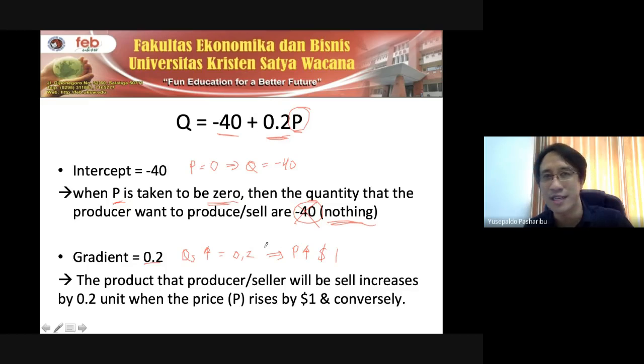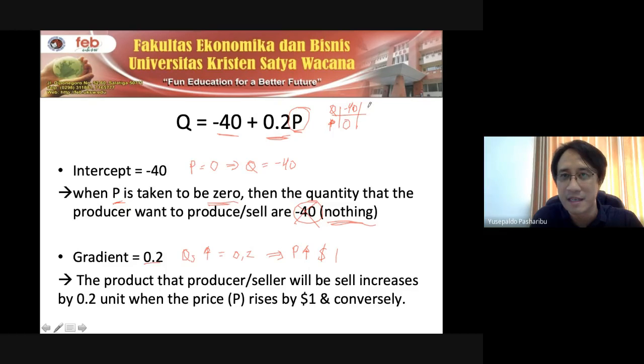So how to create the graph? Just do the same way you created the demand function. For this case, Q and P. If P equals 0, then the quantity is minus 40.